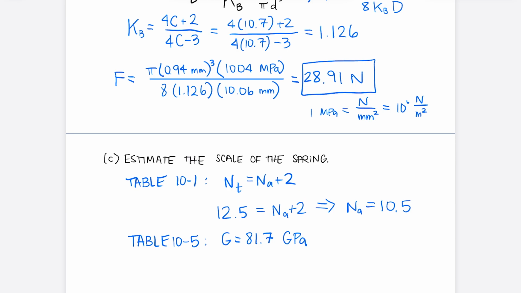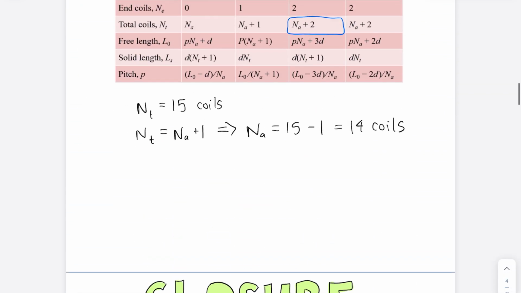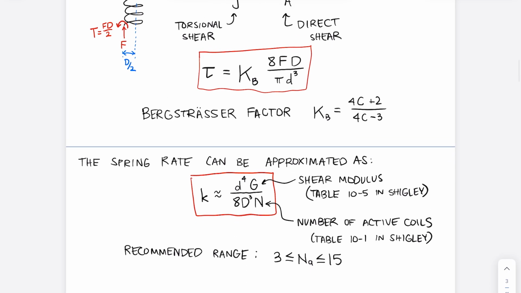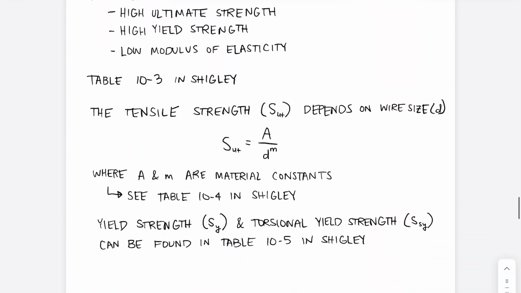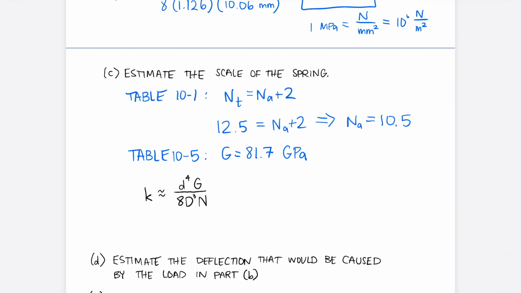All right, so now we have everything we need to use our equation for the spring rate, which is this one here. Okay, so let's plug it all in. We've got 0.94 millimeters to the fourth power. We've got 81.7 gigapascals.